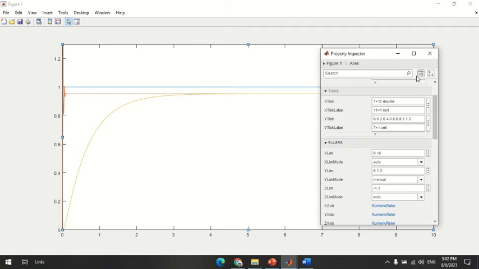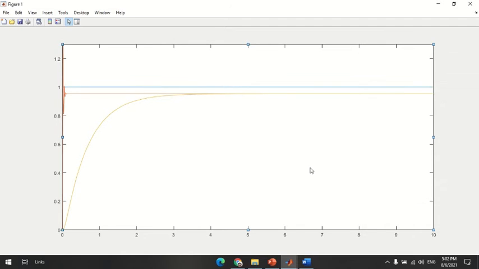Okay, next, first of all, we must find the values of TP, TR, TS, and then the final value.